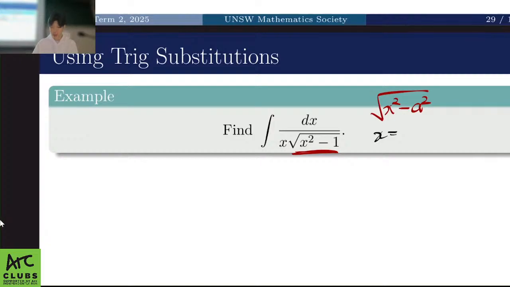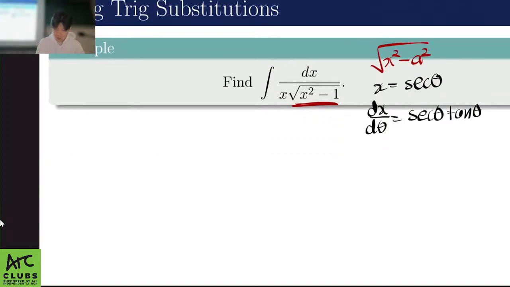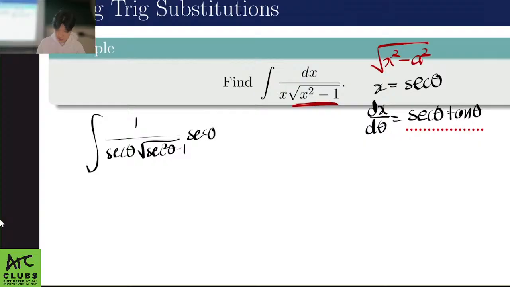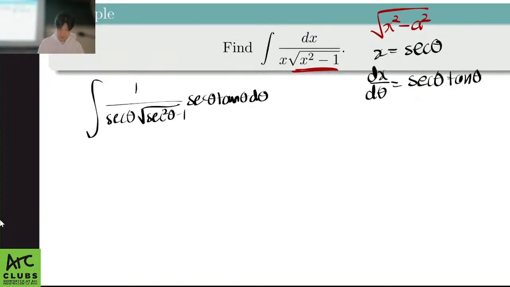Here a is 1 because it's minus 1, so it's going to be x equals sec theta. dx on d theta, from before, the derivative of sec was sec theta tan theta. So that means this integral, where x is sec theta, this becomes sec squared theta minus 1. And on the top is sec theta tan theta d theta.